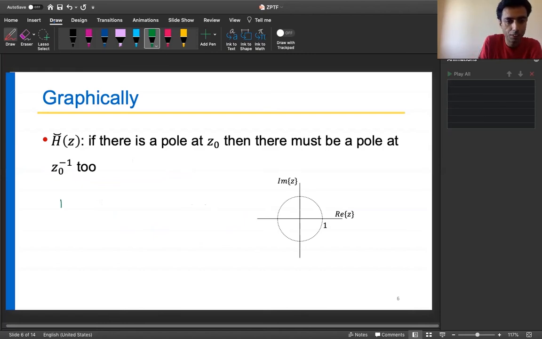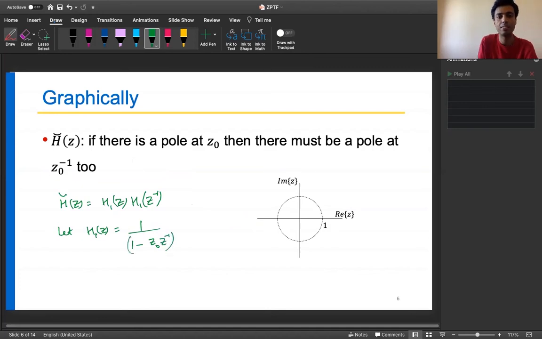So my H(Z) is basically some H1(Z) times H1(Z inverse). Let us say my H1(Z) is just a single pole, 1 upon 1 minus z0 z inverse.